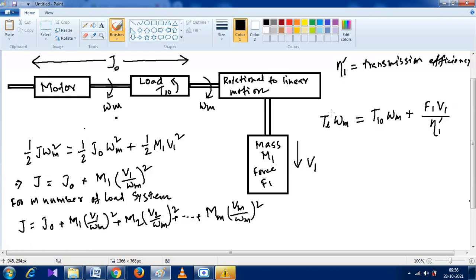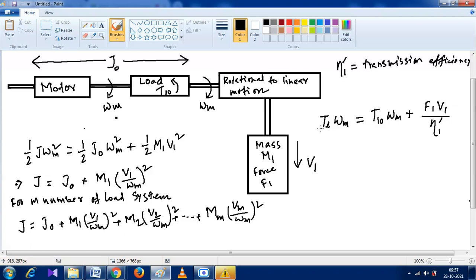So we can write the total power of that system, TL omega m, is equal to the power of the first system, that is TL0 omega m, plus the power of the second system or linear system, which is F1 V1 by eta 1.